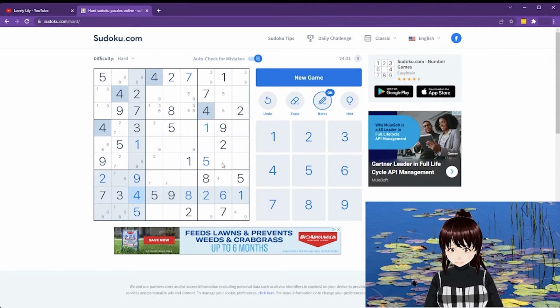Not very good clues here. 5. Okay. So we know one of these two has to be a 5. And one of these has to be a 5. No good clues here. We move on.